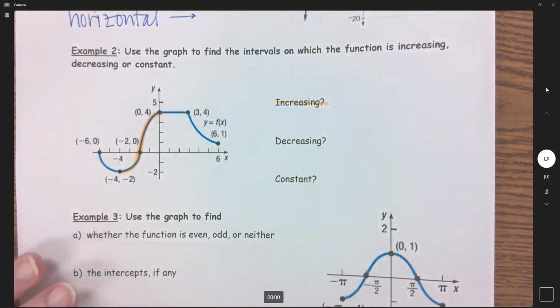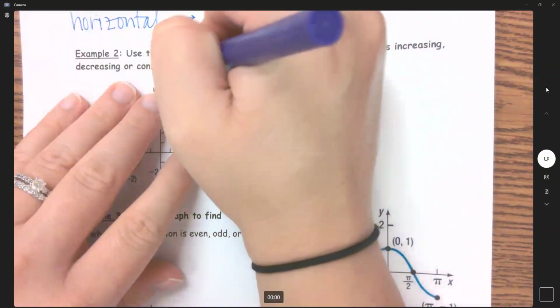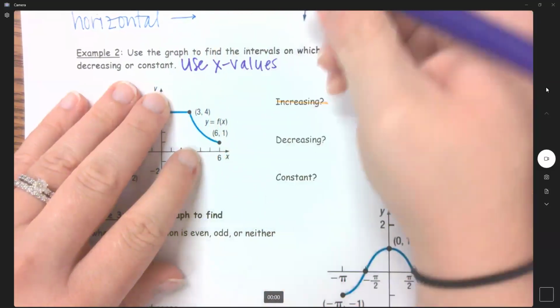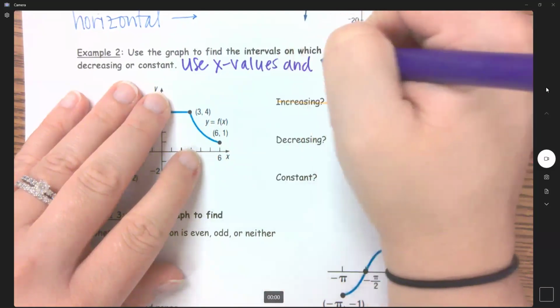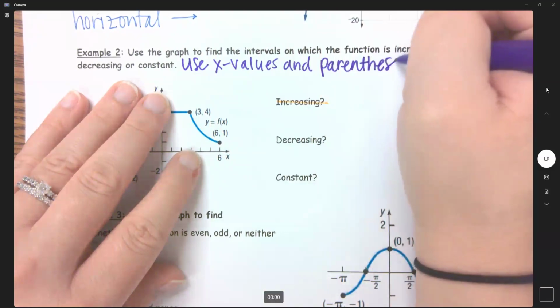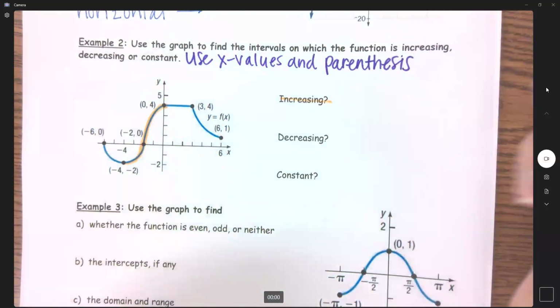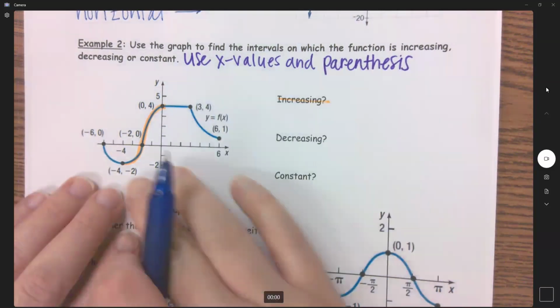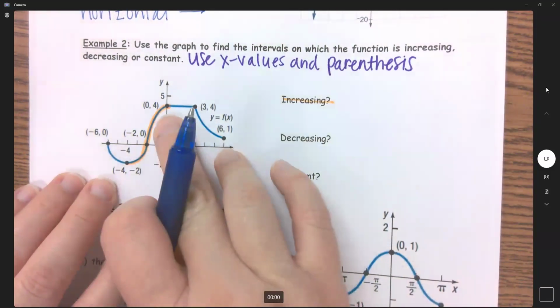Now, when we state these, I want to use x values and always parentheses. Okay, so increasing here from -4 to 0.